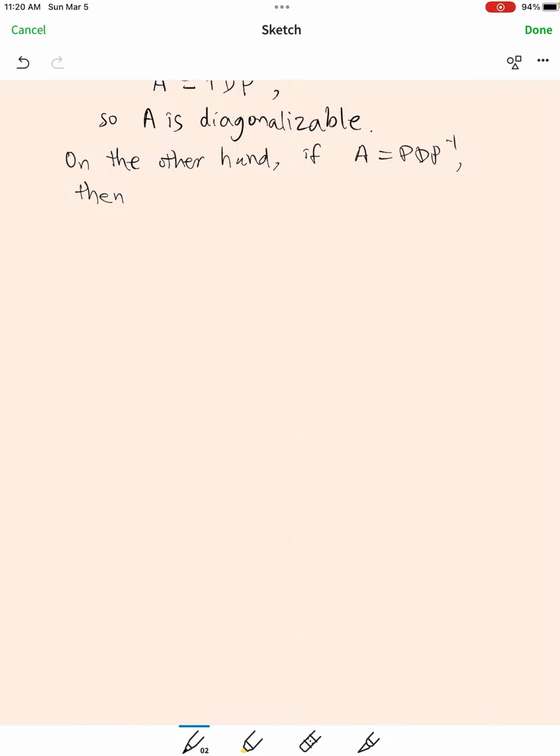You can multiply by P on the right, and then you get AP is PD.